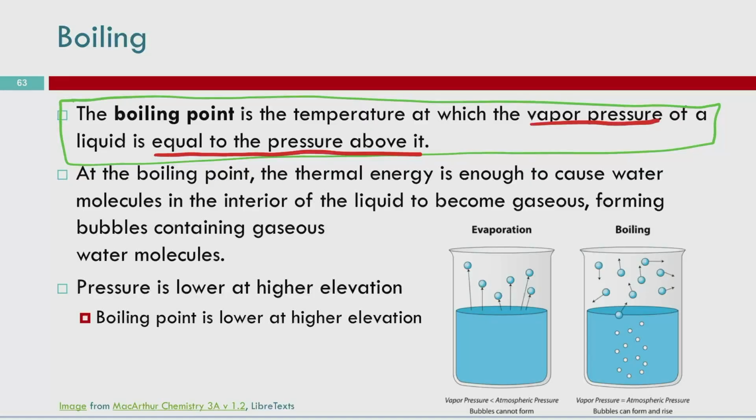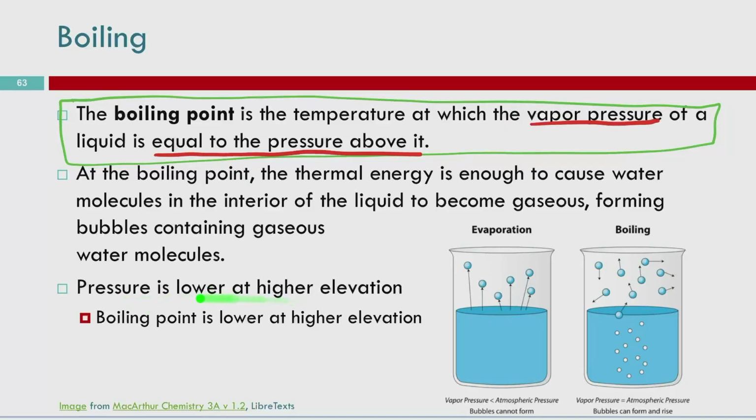Rather than with evaporation, where we're losing it from the surface, when we're boiling we've actually got water vapor forming inside of the body of water. It's got so much energy that it's creating little gas pockets, and those gas pockets are less dense than the water, and so they float out.